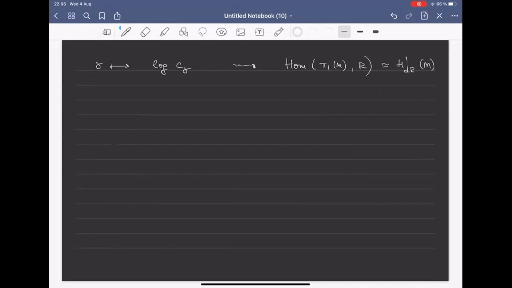So if you want to see this isomorphism from the direction from right to left, to a cohomology class we will associate the element gamma goes to the integral of theta along gamma.